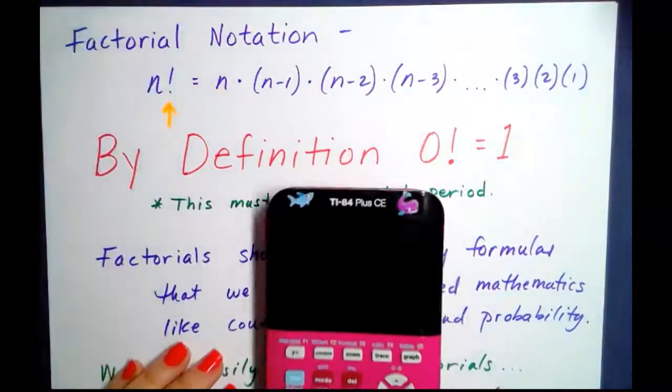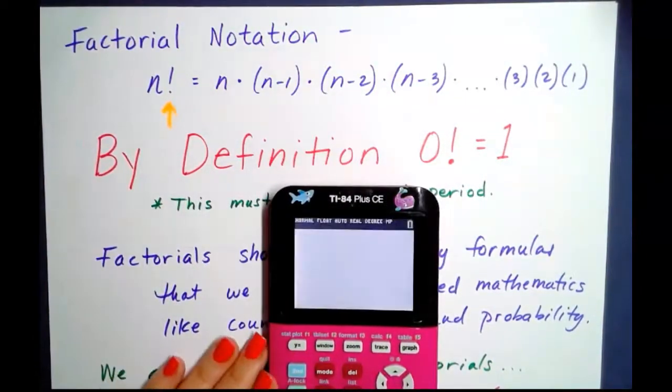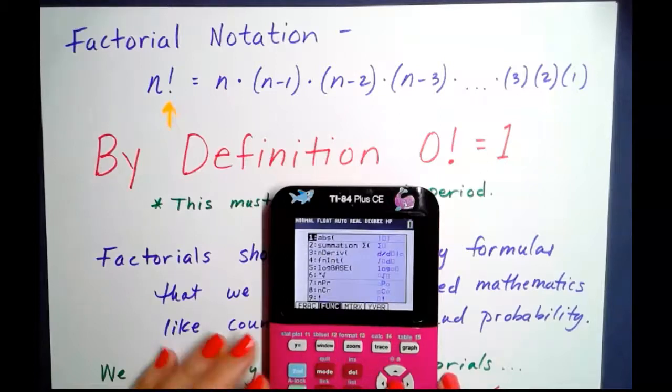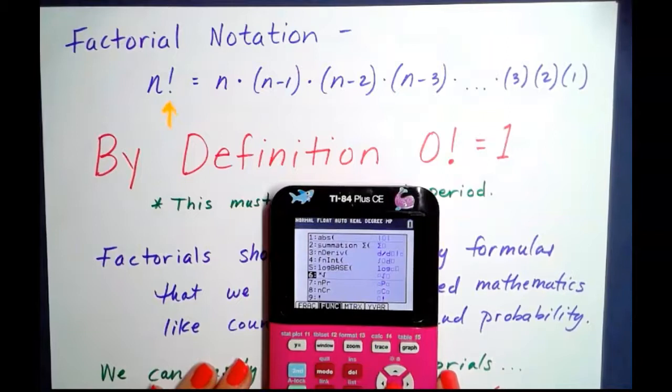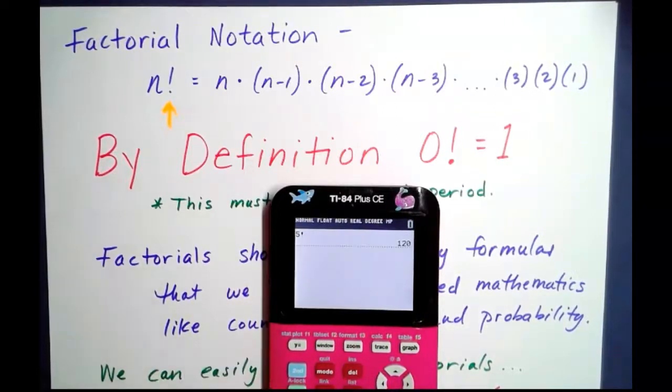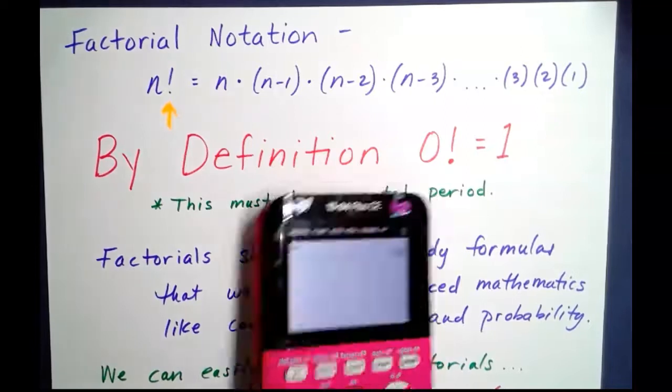In order to access factorial, it is most easily found, I believe, with this alpha F2 if you have the 84 plus or higher, and it is option 9. So I'll put in 5 factorial, and it's equal to 120.